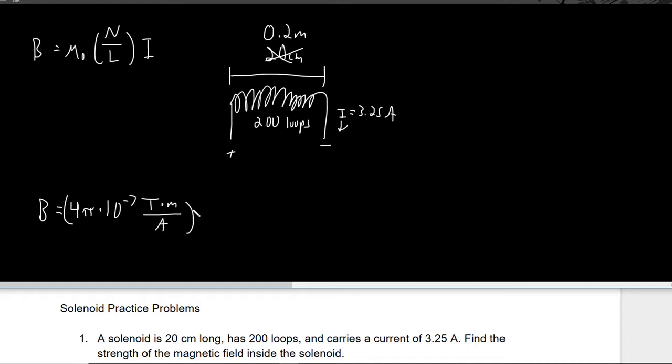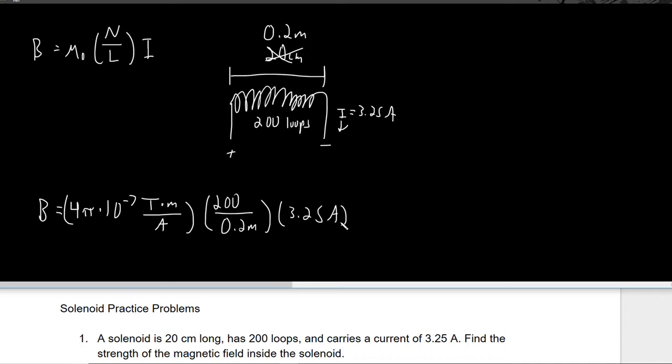This would be equal to that times the number of coils, so 200 loops, over the length of the solenoid, which is 0.2 meters, times the current, so 3.25 amps.